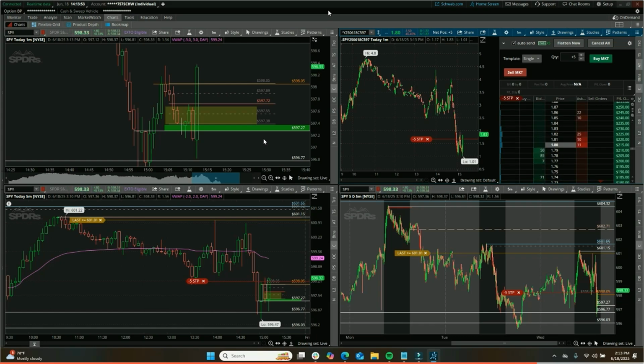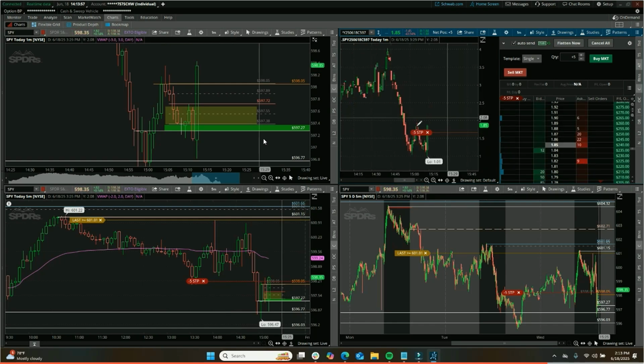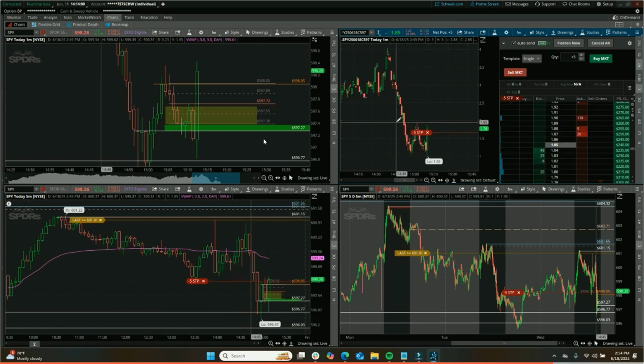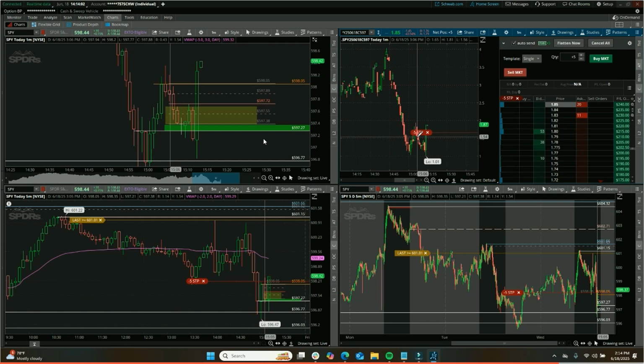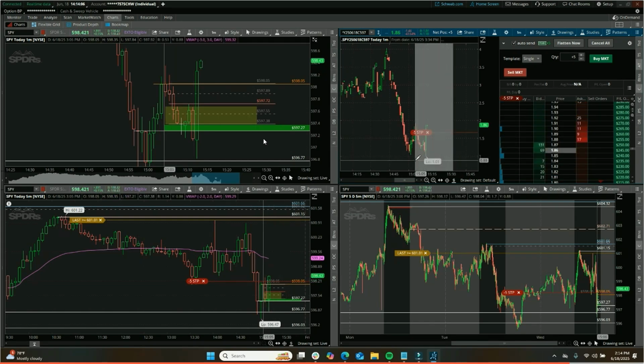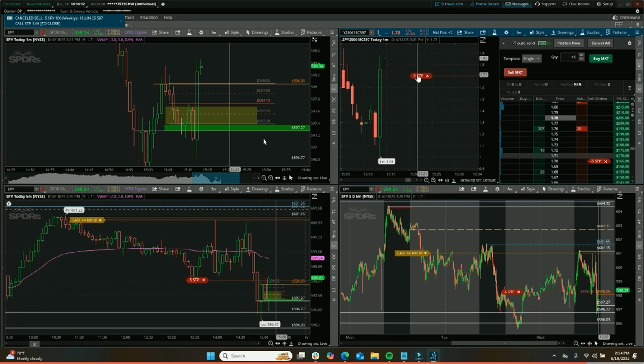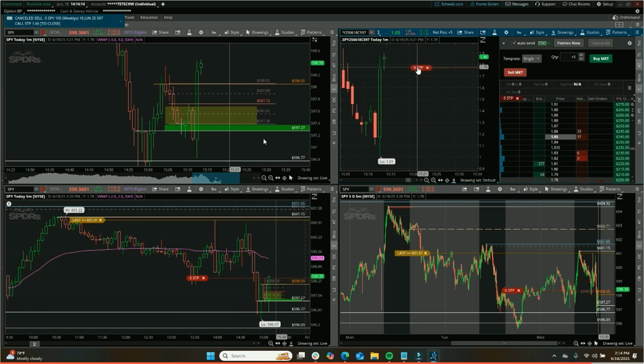Because what's the point of not getting the maximum amount of money from this trade? Okay, so I'm moving my stop up. I'm really following the price. I want to move it close, but not so close that it automatically gets triggered.